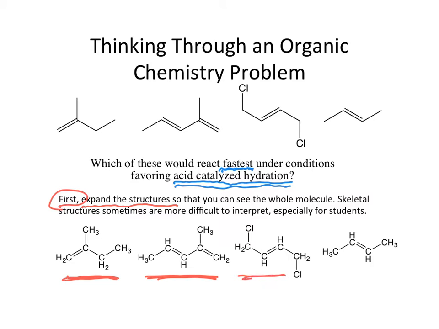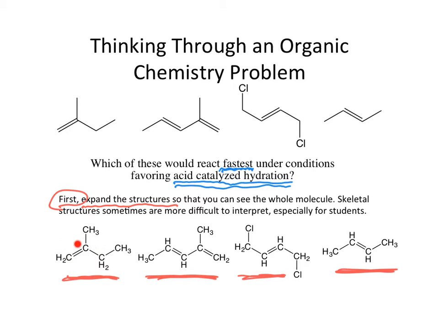Sometimes it's difficult for me, and I've been teaching organic chemistry now for most of 28 years. I think I've missed it a couple of years over the course of that 28 years. So I've done this a number of times, and still, skeletal diagrams sometimes can hide things, right? We look at this, and we sometimes miss the 2 hydrogens there.